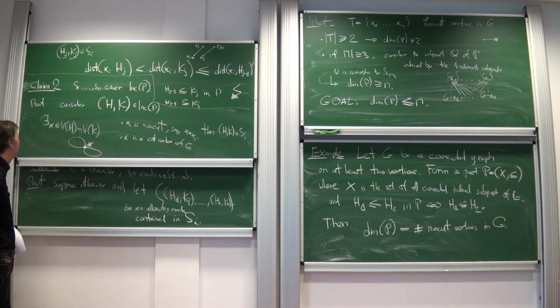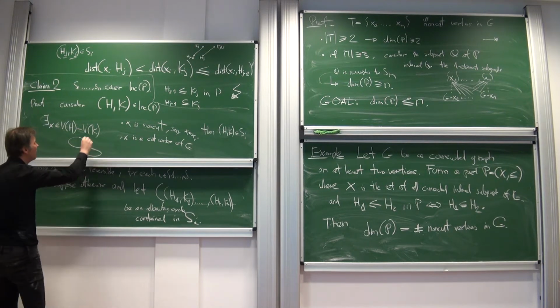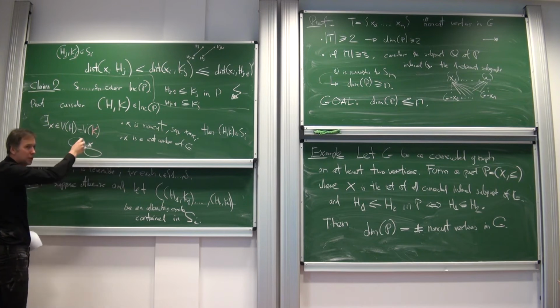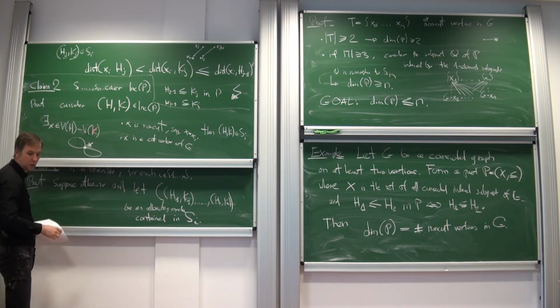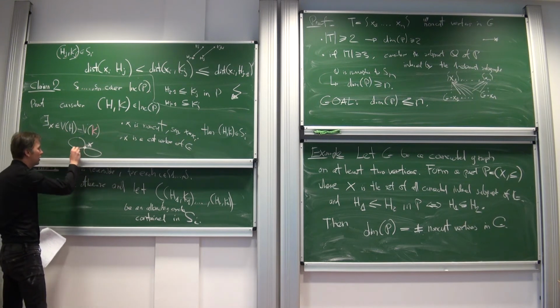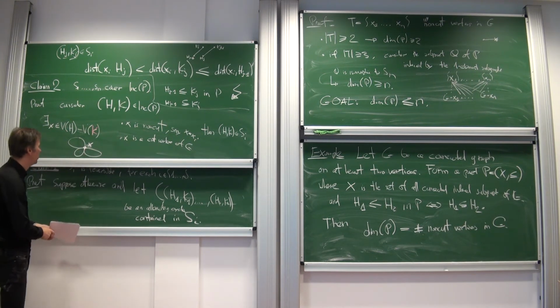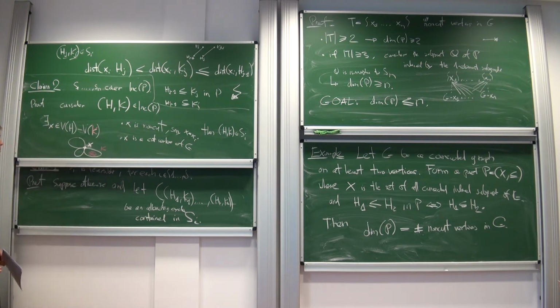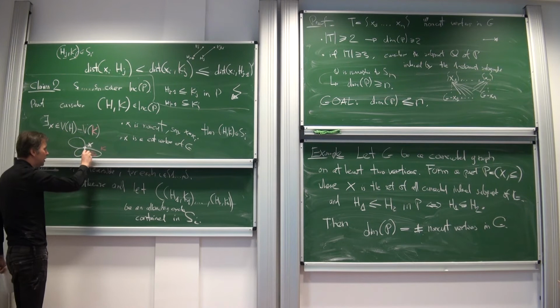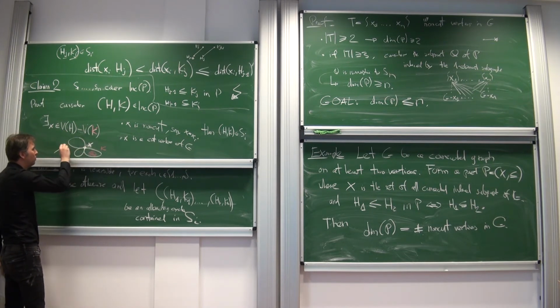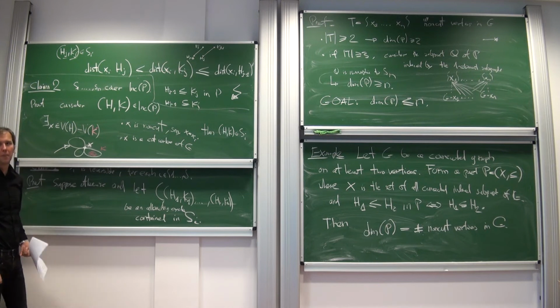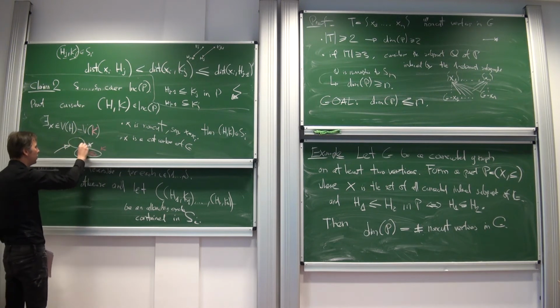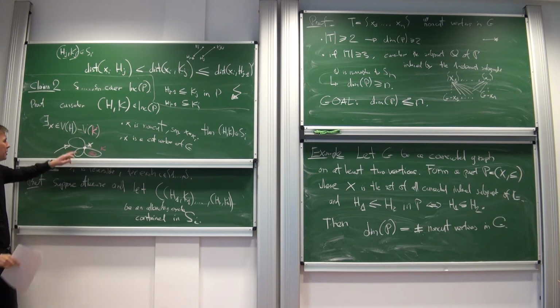X is in H minus K. X is not in K. So if we think about K, the subgraph K, it is connected, so it must be in some component of G minus X. So let's imagine that case is here. And now what I want to look at with you is any other component. There are at least two components, so I want to look at the component that doesn't contain K.